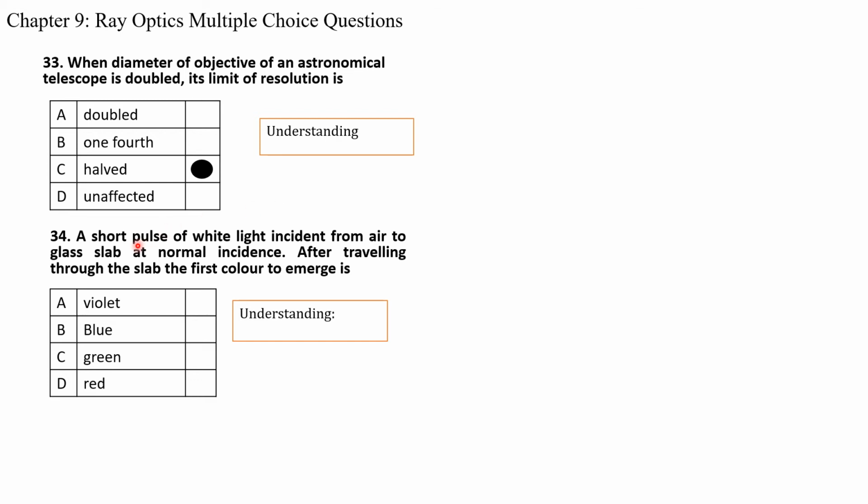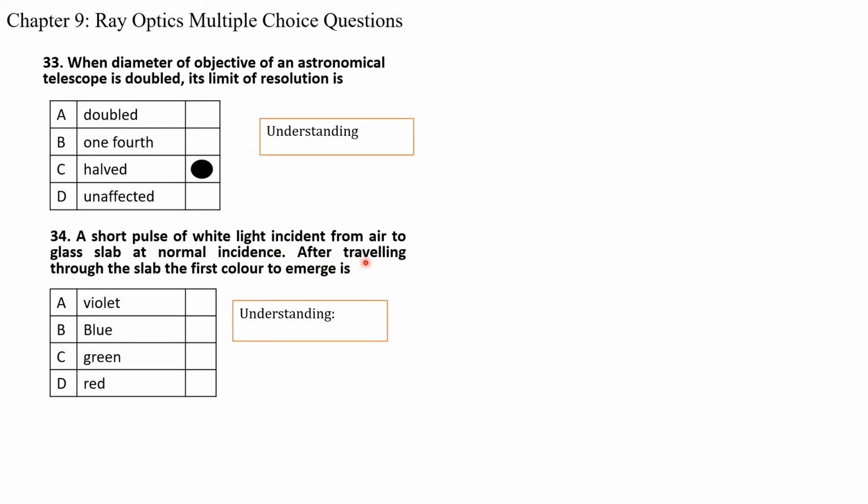Question number 34. A short pulse of white light incident from air to a glass slab at normal incidence. I will read the question once again. Question number 34. A short pulse of white light incident from air to glass at normal incidence.